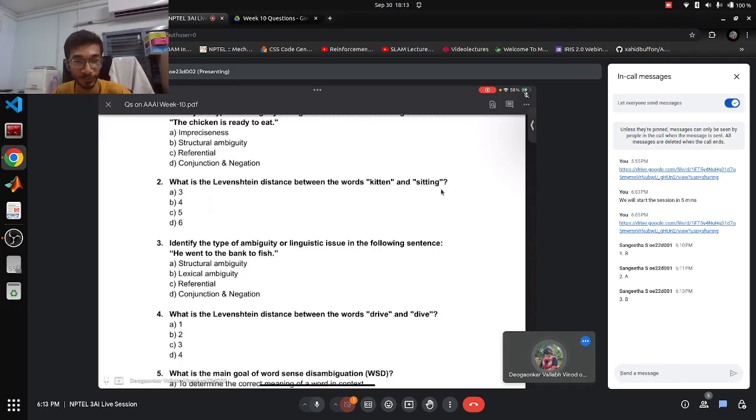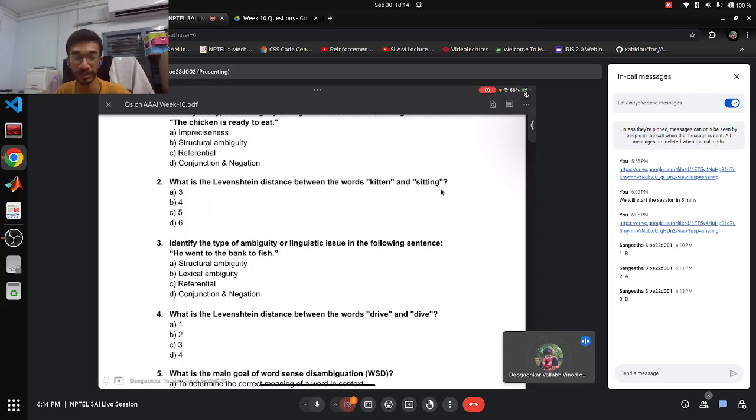For the third question, we are supposed to identify the ambiguity or linguistic issue in the sentence: he went to the bank to fish. Here bank actually refers to the river bank, and for an NLP model to understand the context that it's not a financial institution bank but the river bank.